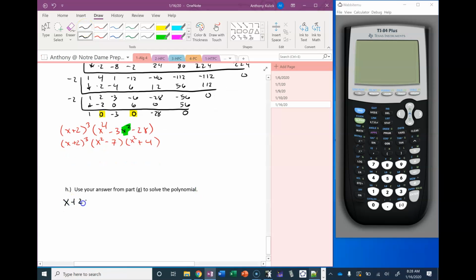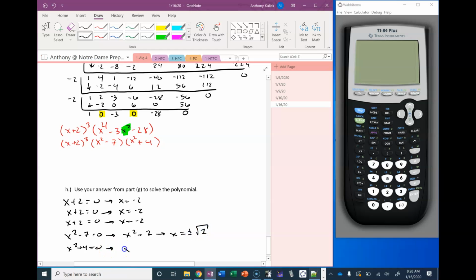And now to solve this, I'm just going to set each piece equal to 0 and solve. So these first 3 are really easy. I just get -2. Here I'll add 7 to both sides, and then when I square root both sides, I get plus or minus √7.